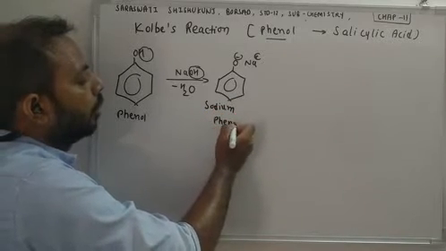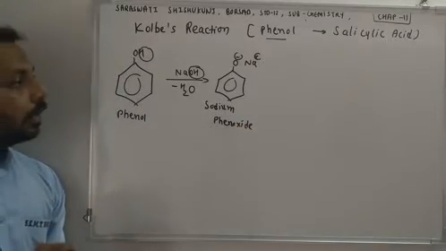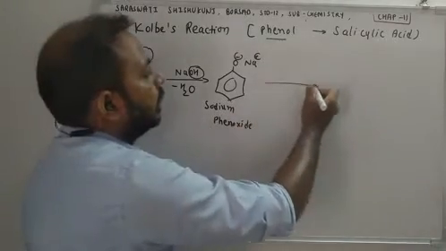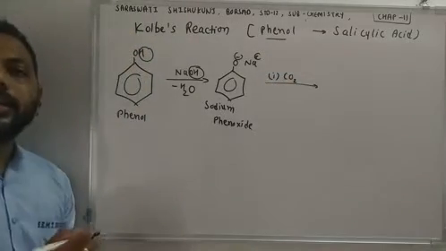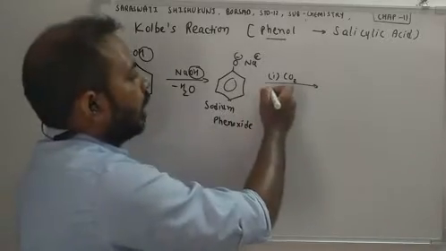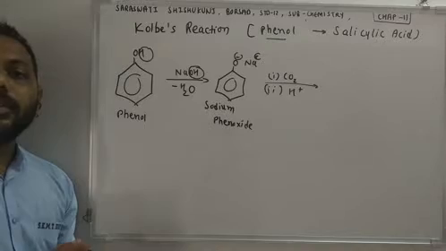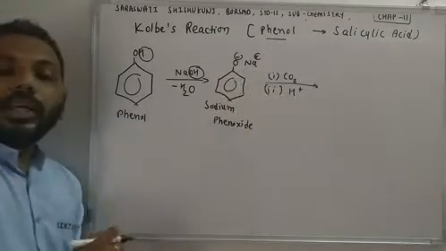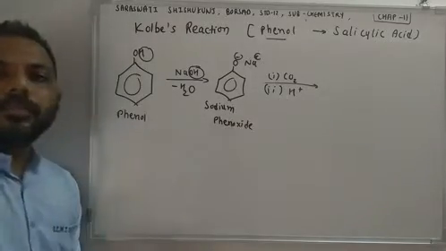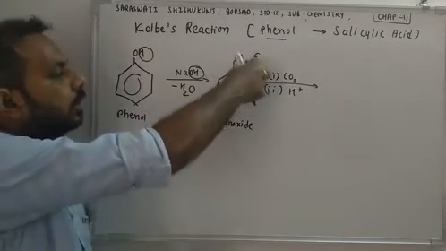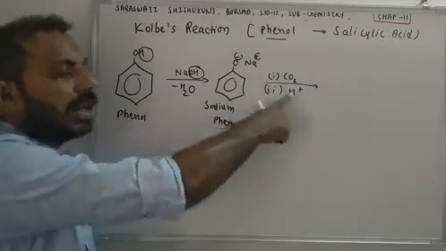Sodium phenoxide. Okay. Now, the second step is the addition of CO2, and the next step is acidification, so we are adding H plus. This acidification is done to convert sodium phenoxide into phenol, that means Na plus is replaced by H plus.